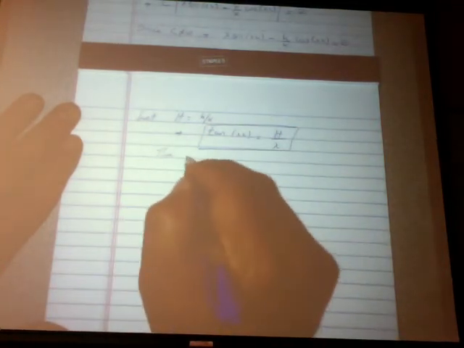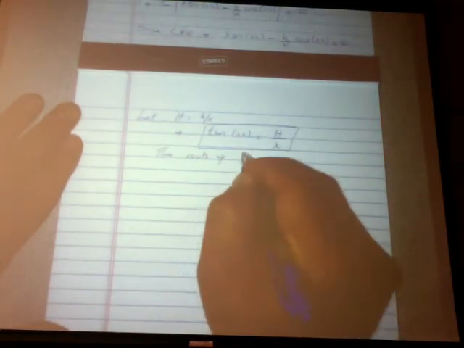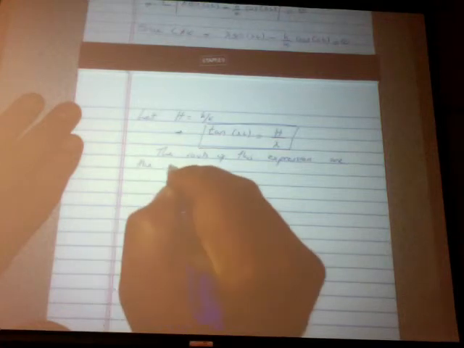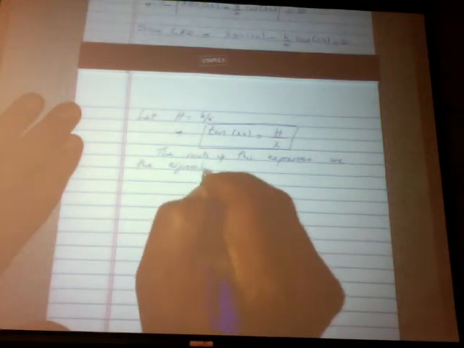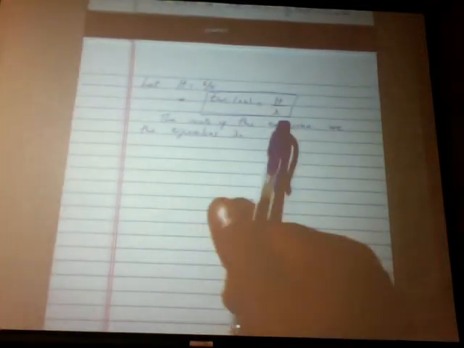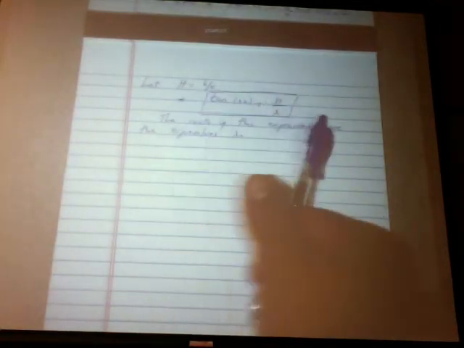The roots of these expressions are the eigenvalues lambda n. Let's see how they look like. We need to solve for the values of lambda that satisfy these.